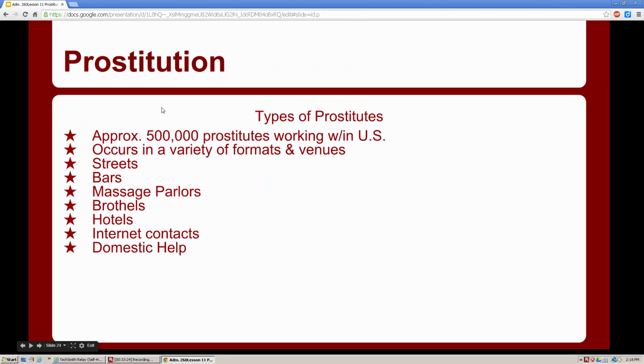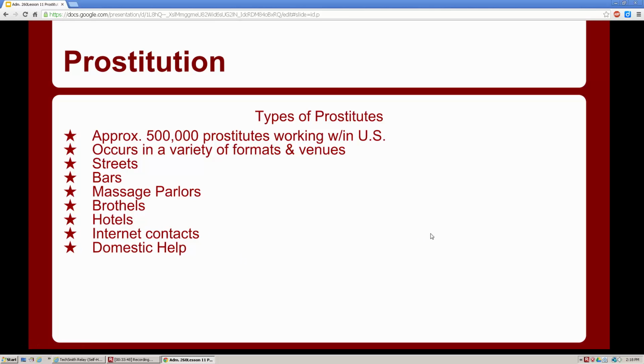Currently, there's over 500,000 prostitutes working in the U.S. That's an estimate that might be from about 2012. But we know it comes in a variety of formats and venues, like we mentioned before. You have streets, bars, massage parlors, brothels, hotels, internet contacts, also even domestic help.